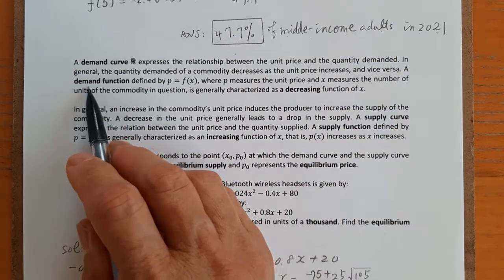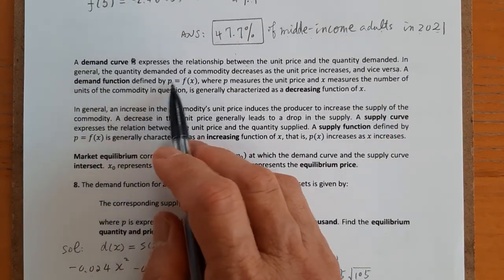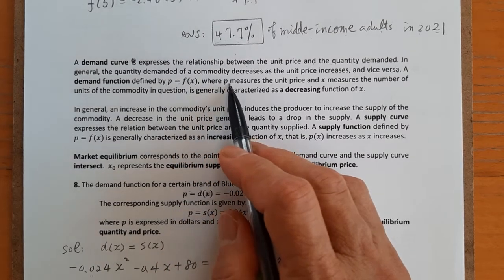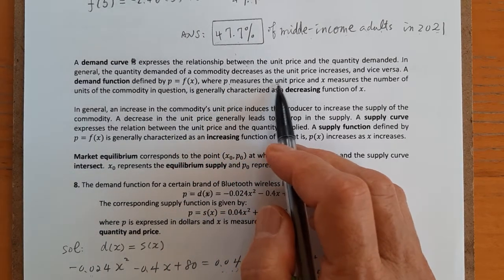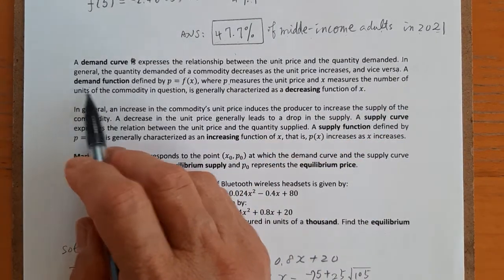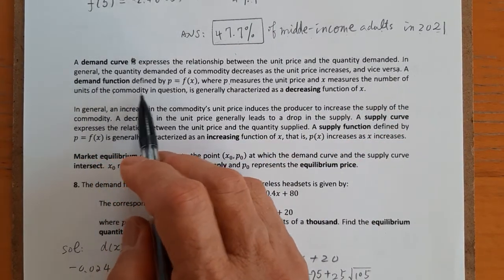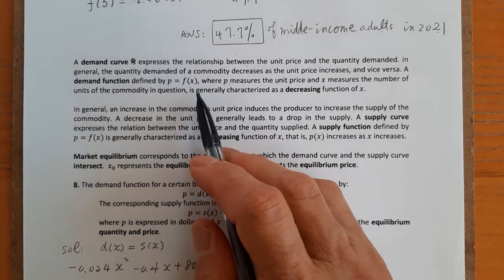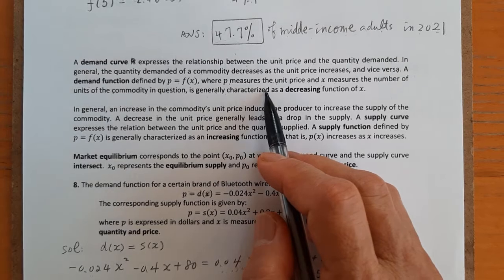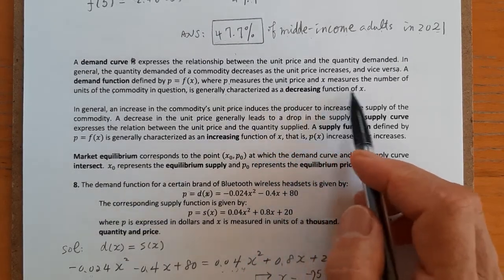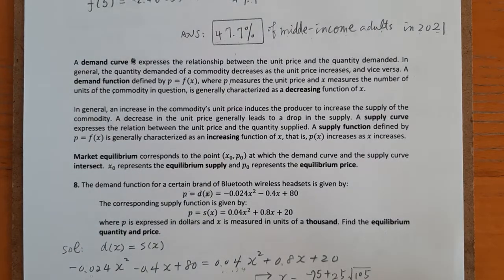A demand function defined by p equals f of x, where p measures the unit price and x measures the number of units of the commodity in question, is generally characterized as a decreasing function of x.